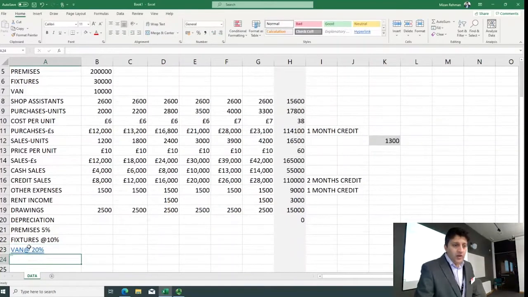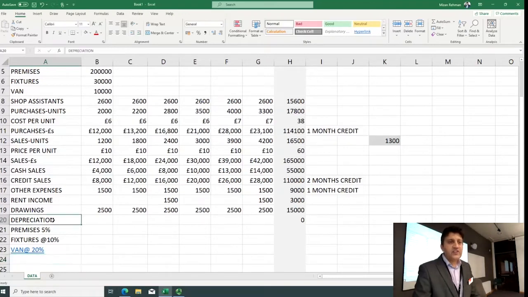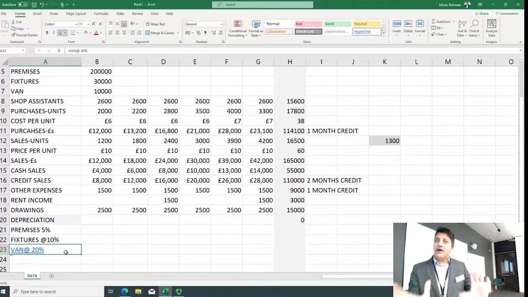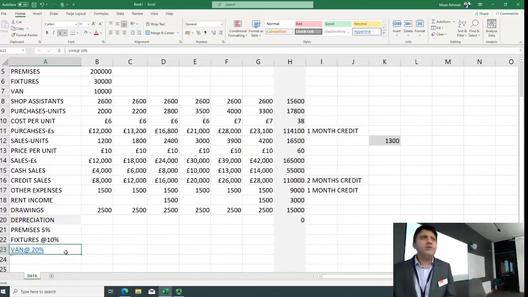Okay. This is an income statement and statement of financial position related issue, so I will discuss it at that point. But what I have done, I have placed all of my data on the sheet, and you will see now it will be a piece of cake to do the rest of the stuff.